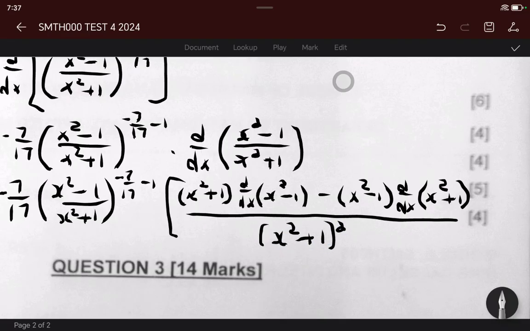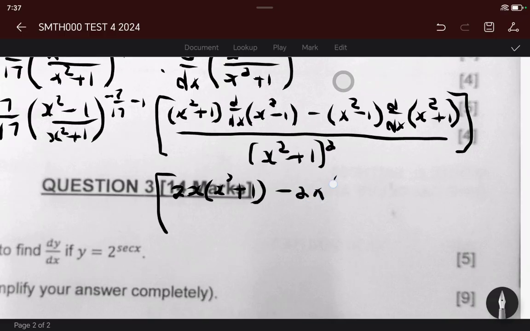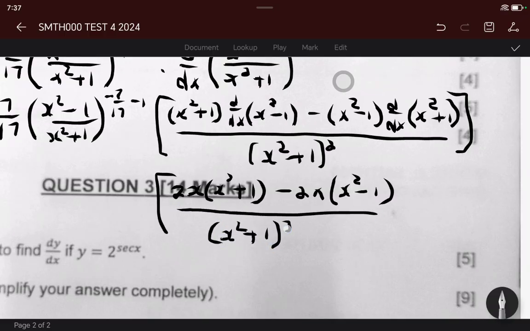So this is just going to be the derivative of x squared minus 1, which is 2x, times x squared plus 1, minus the derivative of x squared plus 1, which is also 2x, times x squared minus 1, all over x squared plus 1 all squared.